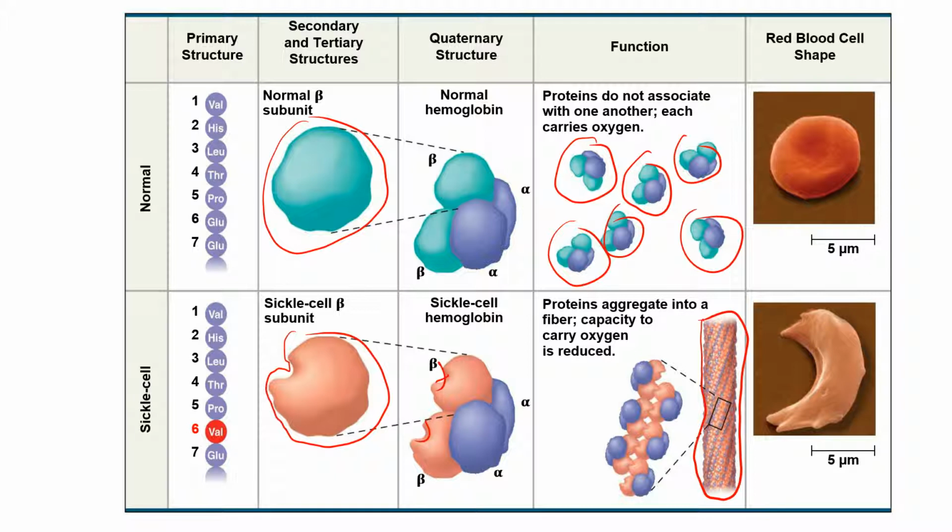This is actually what allows for the formation of this crescent moon shape to your sickle cell red blood cell. So these red blood cells don't transport oxygen as efficiently. You also have other complications that arise due to the actual physical structure of that red blood cell, in terms of the flow of fluid through the vasculature, the flow of red blood cells and other elements through the bloodstream.